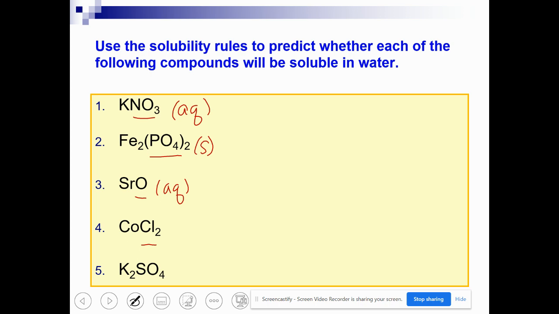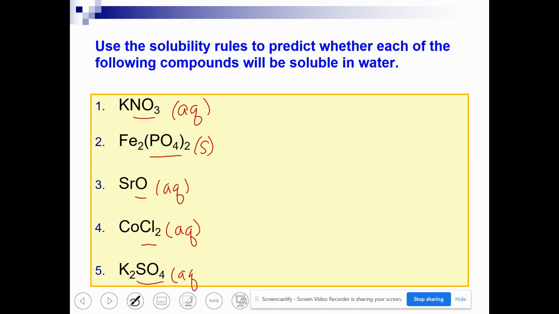Cl is chloride. That's rule number 2. The chlorides are soluble. There are some exceptions listed. Cobalt's not one of them. So it's soluble. And then for number 5, we want to look at the sulfate rule, which says that they're all soluble except for 5 exceptions.